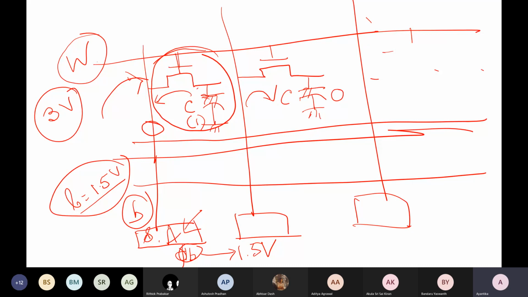What is the interval? Do you have any idea what the interval is in general processes? What is the interval to refresh these DRAM cells? Anyone? Okay, this is typically 64 nanoseconds.